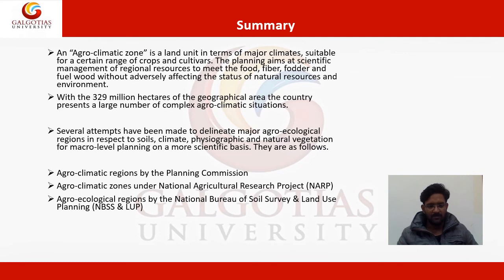They are as follows: agroclimatic regions by the Planning Commission, agroclimatic zones under the National Agriculture Research Project, that is NARP, and agroecological regions by the National Bureau of Soil Survey and Land Use Planning. We have found that a total of 15 important agroclimatic zones exist in India. Okay, and from them 3 or 4 I have covered in this lecture.